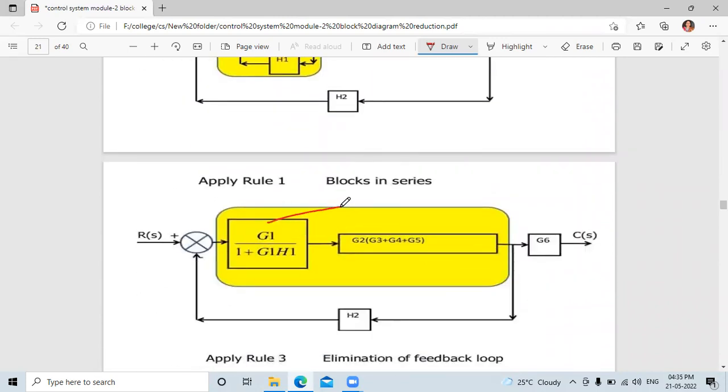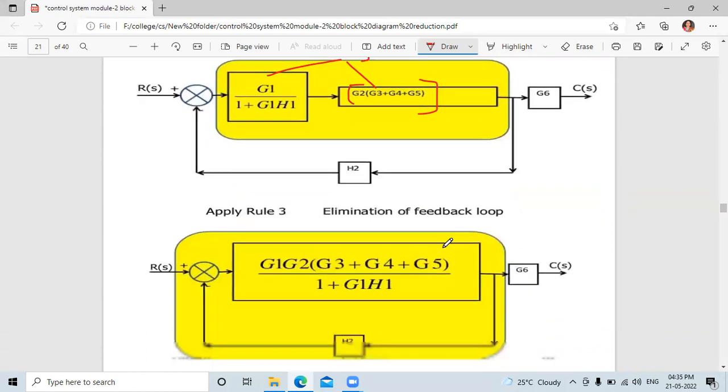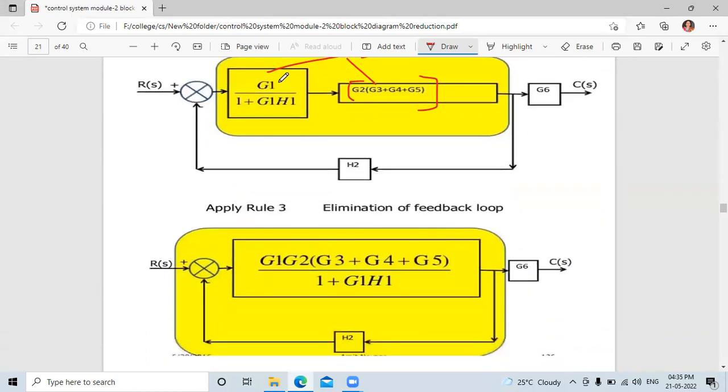Now these two blocks are in series, so G1 into G2 into (G3 plus G4 plus G5), which you can write as G1 into G2 into G3 plus G2 into G4 plus G2 into G5.